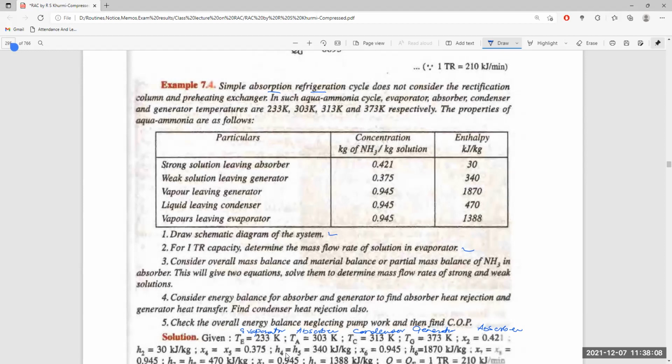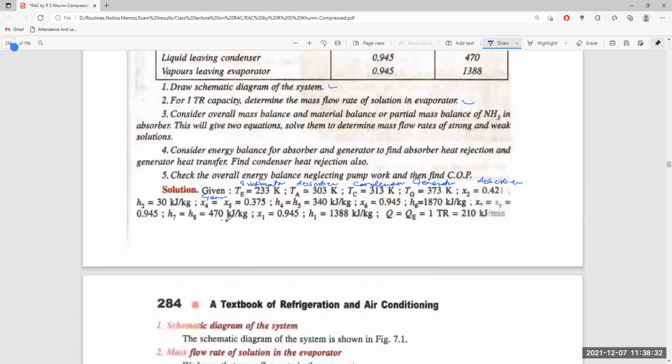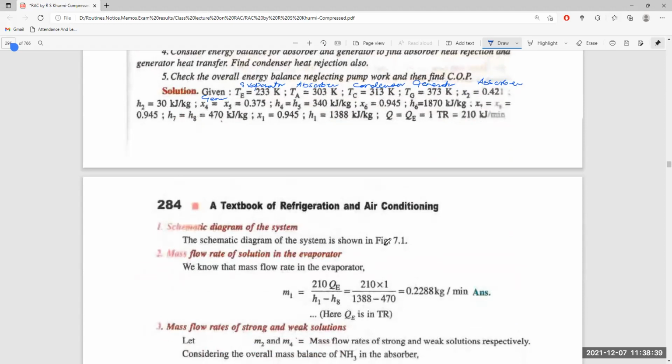X4 and X5 are the concentration of ammonia in the generator and condenser, and H4, H5 are the enthalpies. X7 is the liquid inside the condenser, and the enthalpy is given as H1. Q, the tonnage, is given. So we have to draw the schematic diagram of the system first.